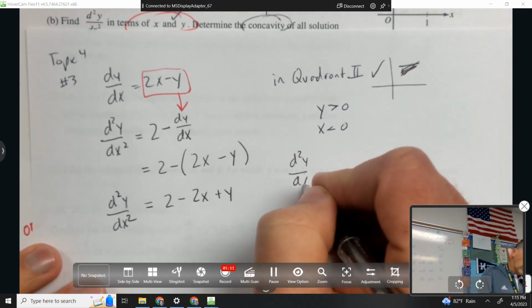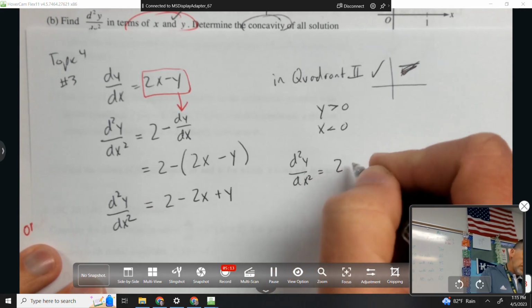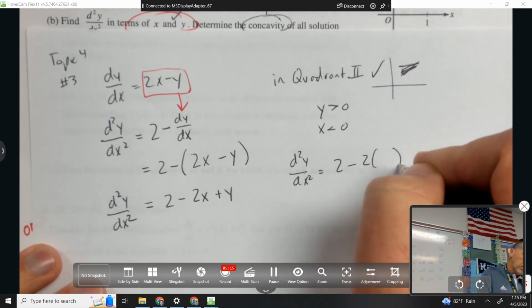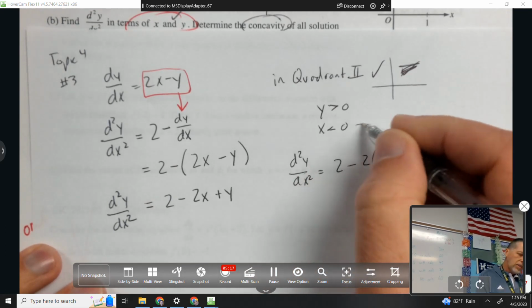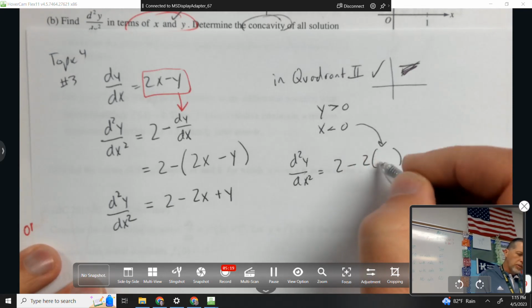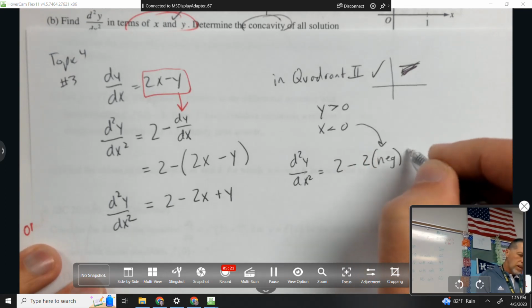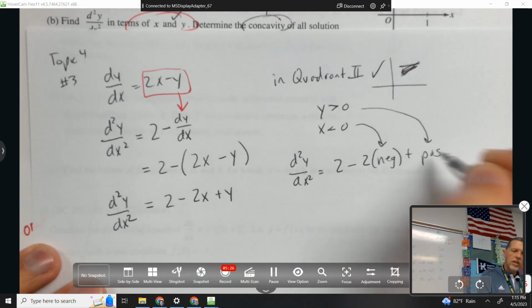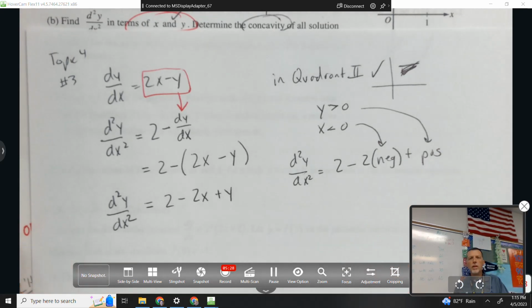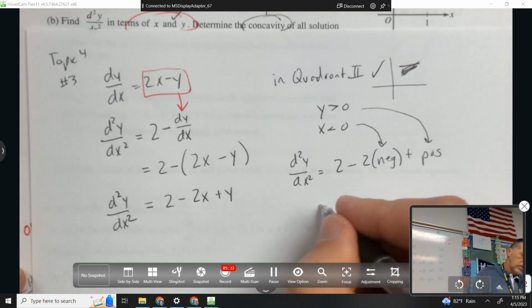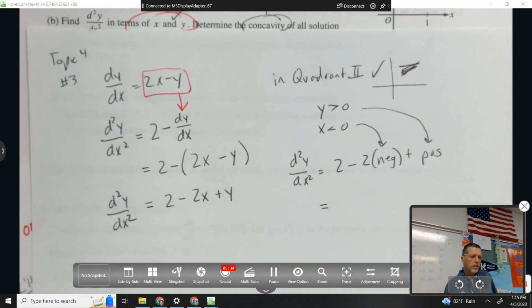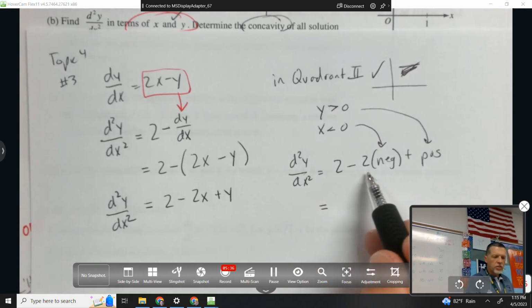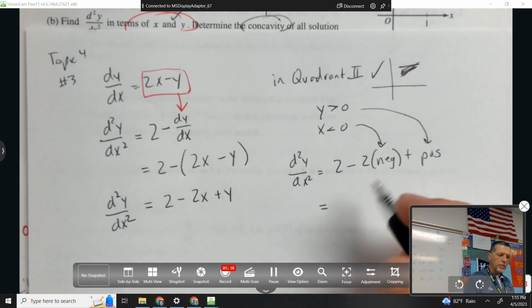So the second derivative then, 2 minus 2 times x, which is negative, plus y, which is positive. So 2 minus 2 times negative, that'll be plus, that'll be plus.